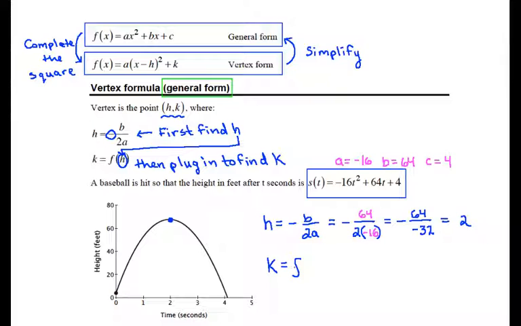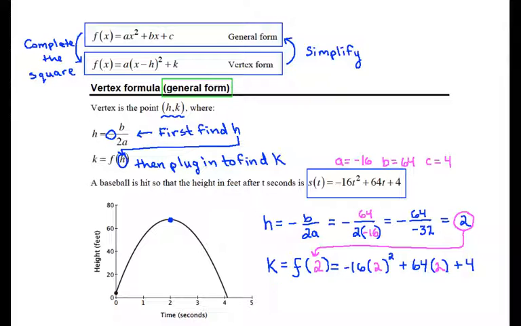To find k, we're going to go ahead and plug that value that we just calculated for h, which turned out to be 2. We're just going to plug that in for the input variable in the function. So let's go ahead and write this out. We get negative 16 times 2 squared plus 64 times 2 plus 4.